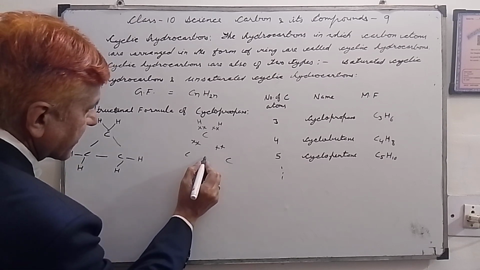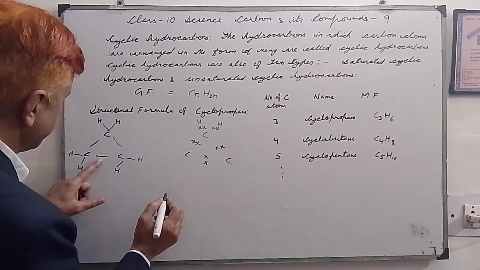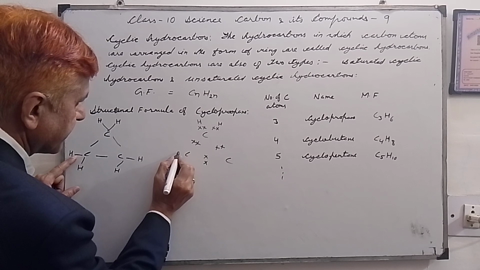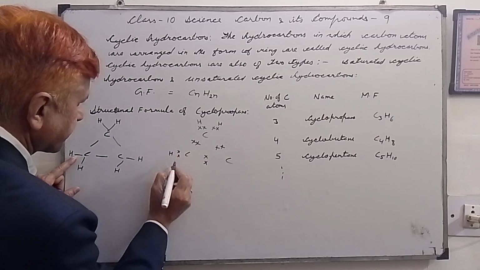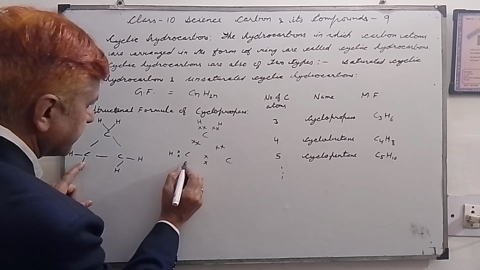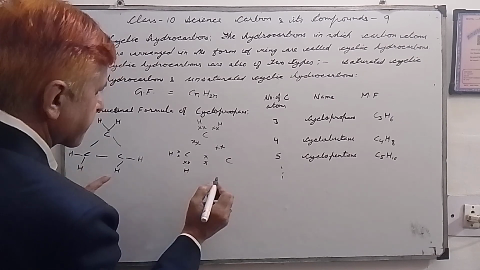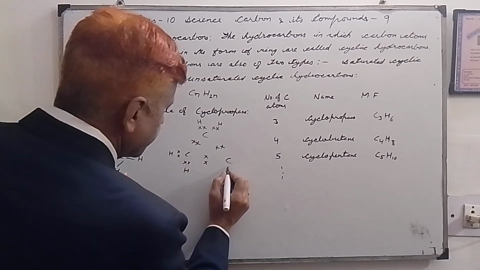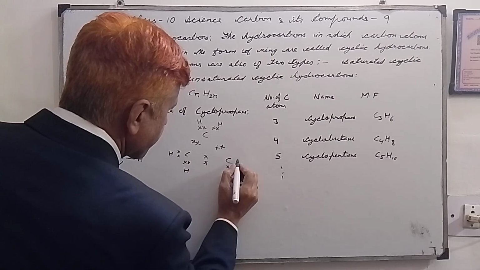Then again one pair of electrons here, this bond, then this bond, this bond, this bond and this bond.